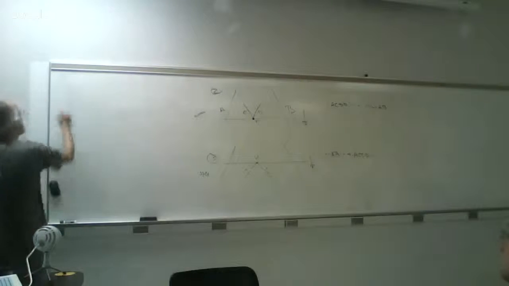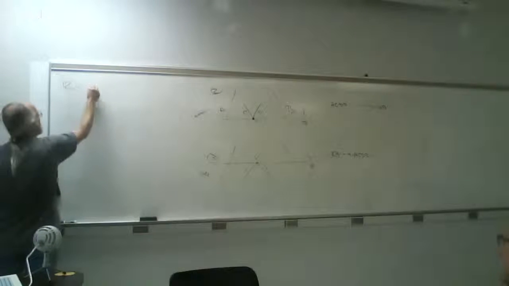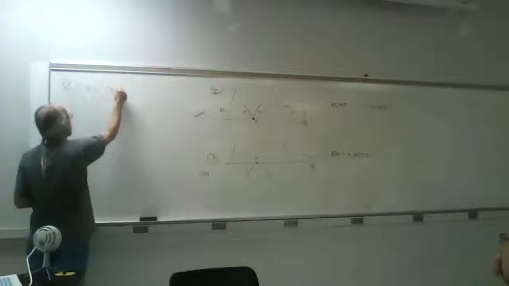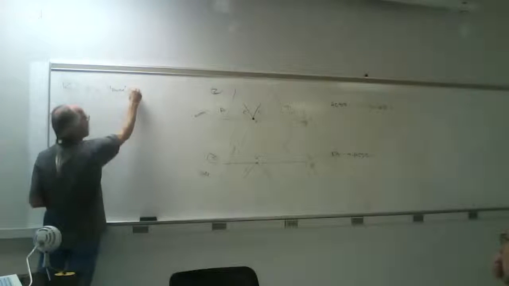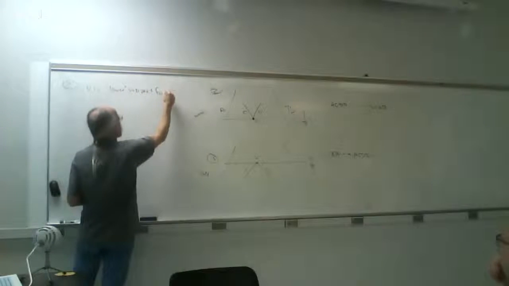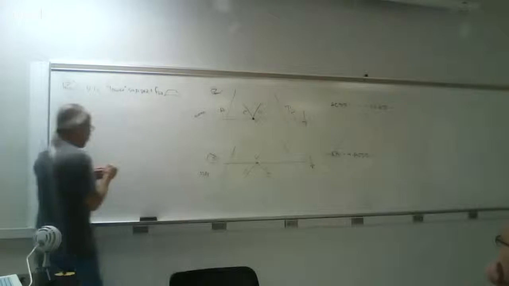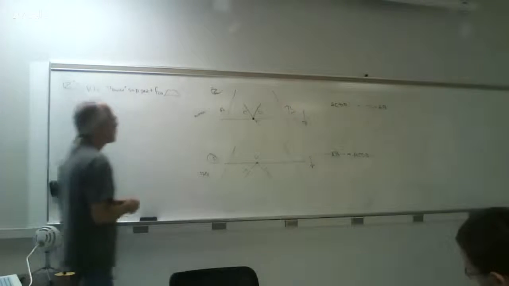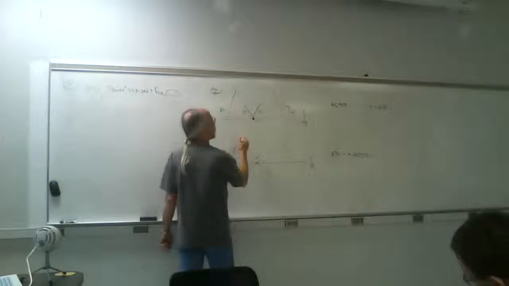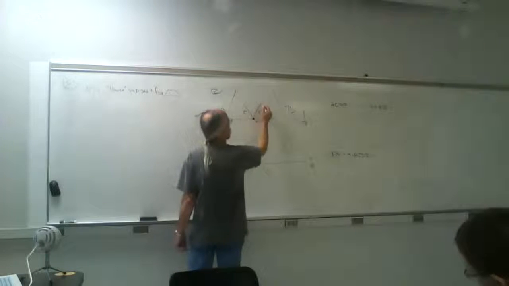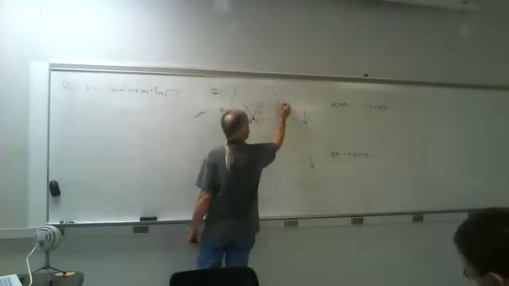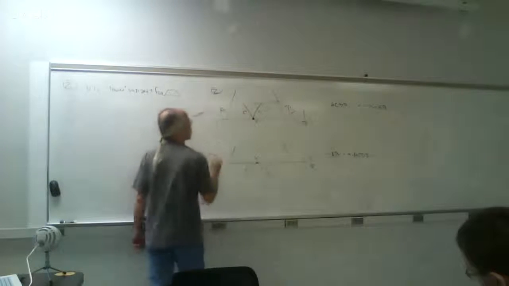In case 2, V is a sort of lower support for a trapezoid. Let me just draw a trapezoid. So that means that somebody up above, actually two somebodies up above, are going to be the other parts of those trapezoids.